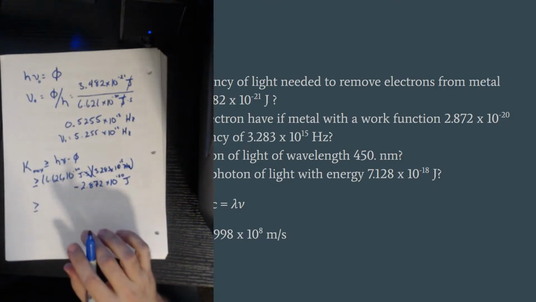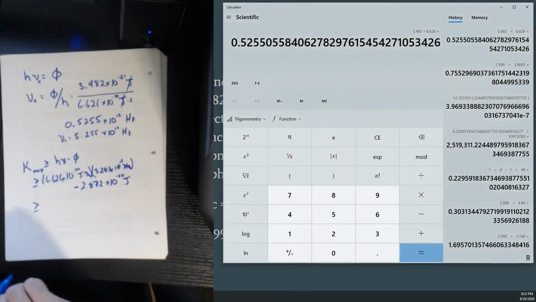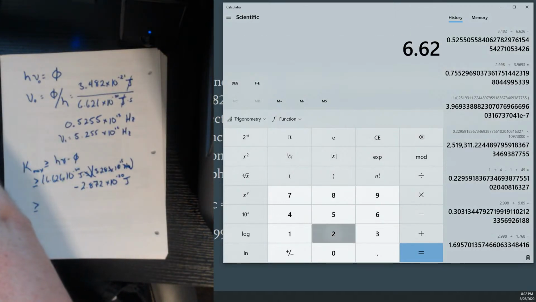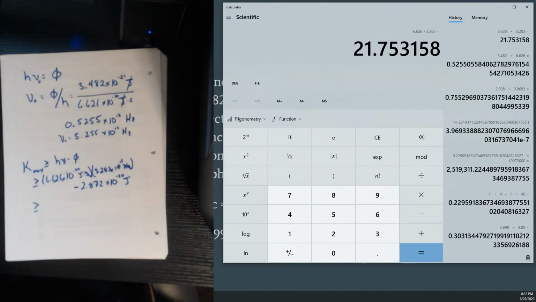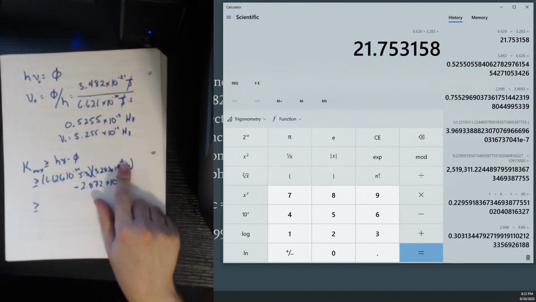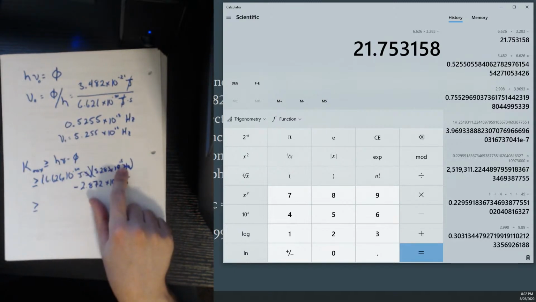So let's go ahead and pull out the calculator. 6.626 multiplied by 3.283, negative 34 and 15, that's going to be negative 19.